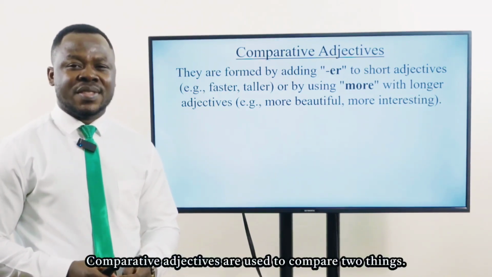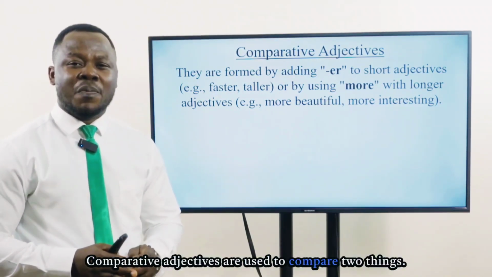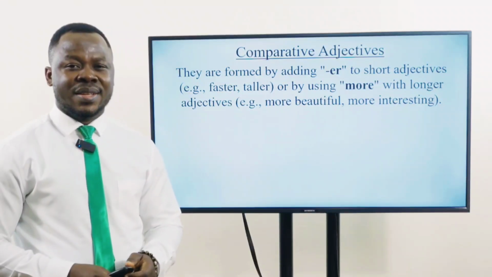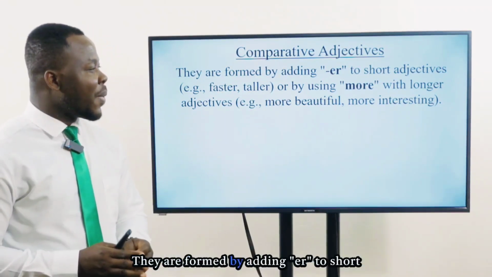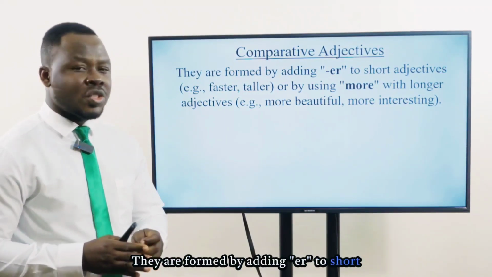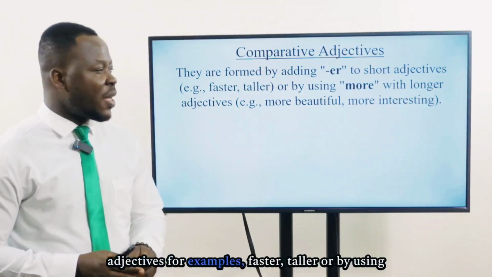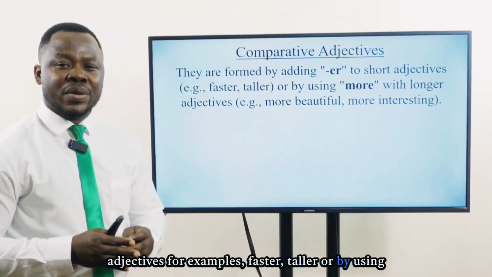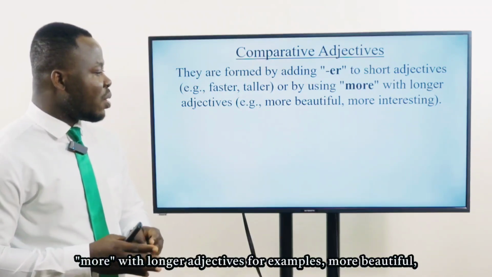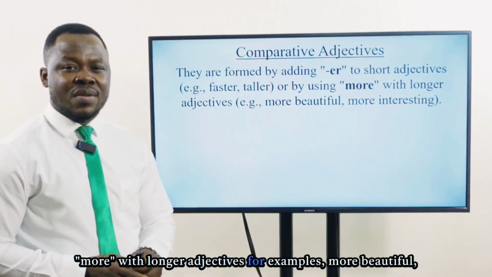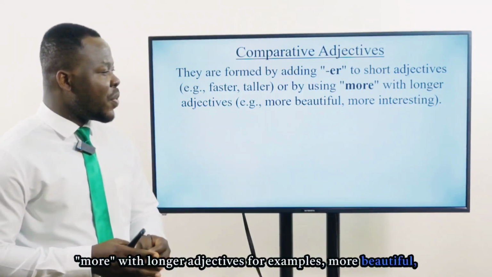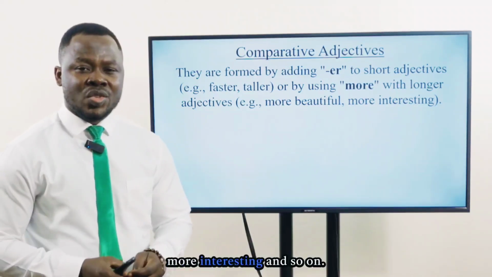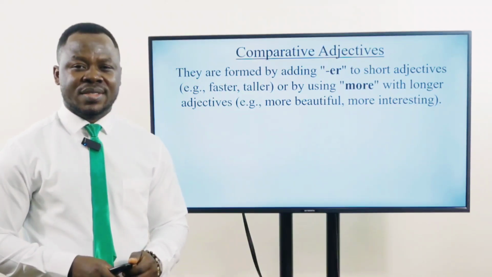Comparative adjectives are used to compare two things. They are formed by adding er to short adjectives. For examples, faster, taller, or by using more with longer adjectives. For examples, more beautiful, more interesting, and so on.